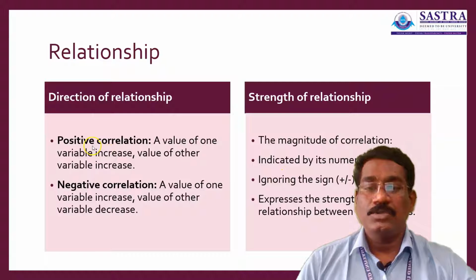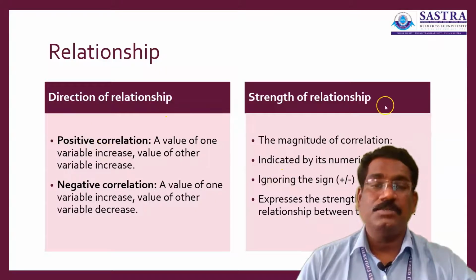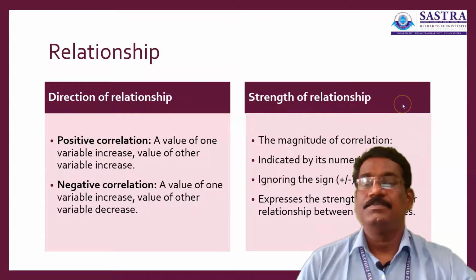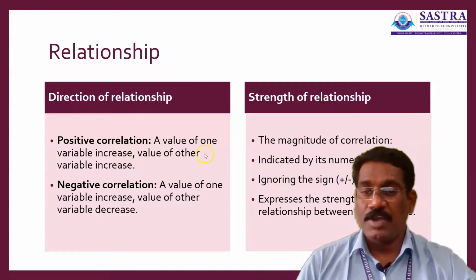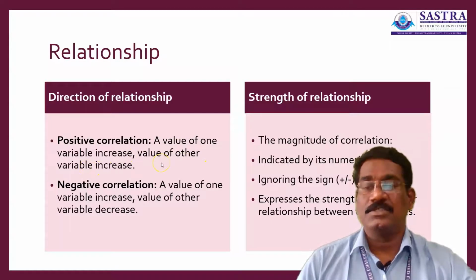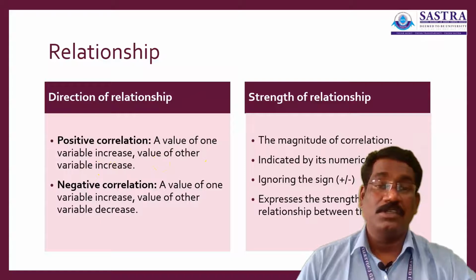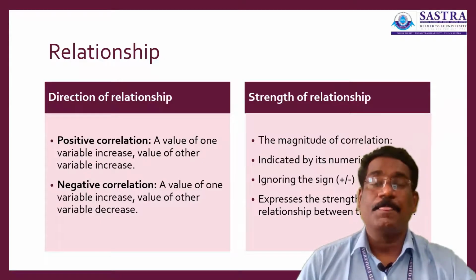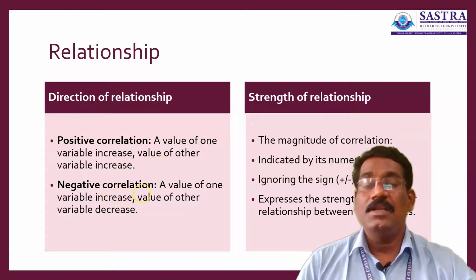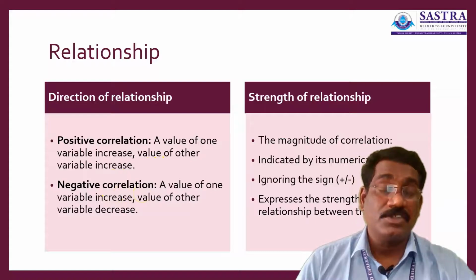So we can also look at the direction of a relationship and the strength of a relationship. In a positive correlation, as the value of one variable increases, the value of the other variable also increases. When service quality increases, naturally customer satisfaction also increases. Similarly, in a negative correlation, when stress increases, naturally the productivity comes down.